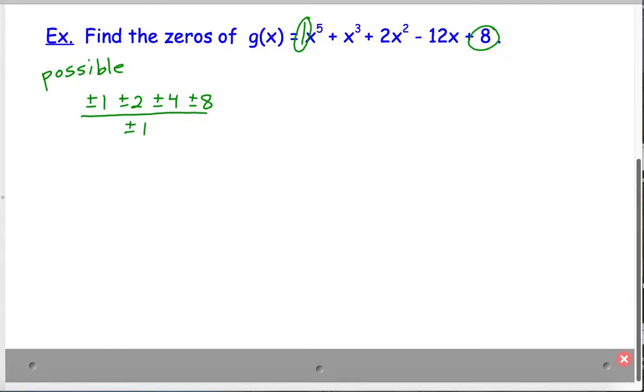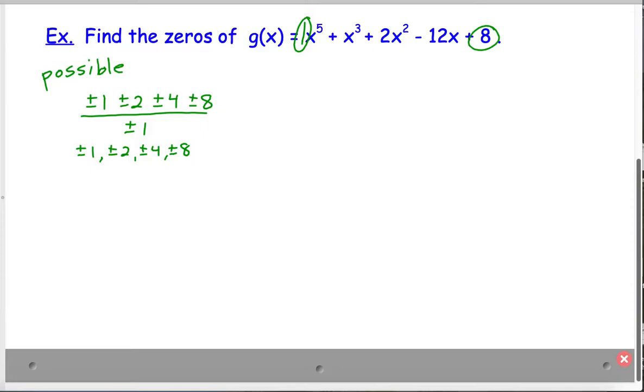That was that p over q idea: any factor of the constant term divided by a factor of the leading coefficient. So that narrows it down for us at least, and dividing by plus or minus 1 really means there's only 8 possibilities: plus or minus 1, plus or minus 2, plus or minus 4, plus or minus 8.